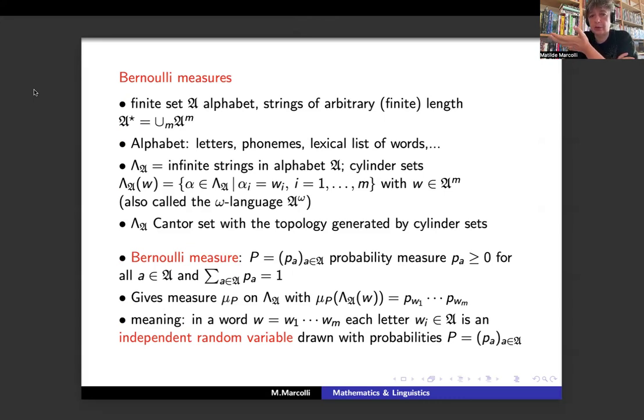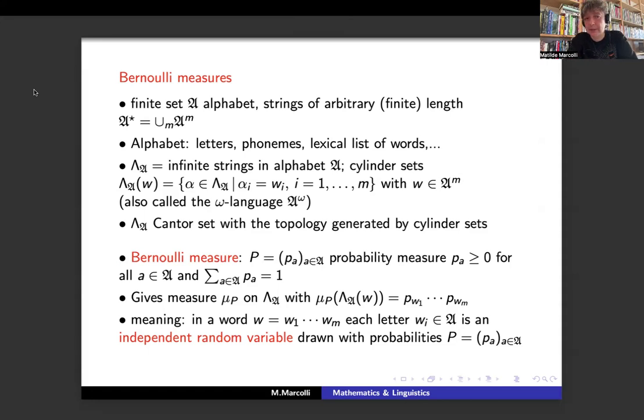This means that you're forming strings in this alphabet by drawing each successive letter randomly from a certain probability distribution. So each letter is an independent, identically distributed random variable, and it's oblivious to what comes before, and every time it's drawn from the same probability.